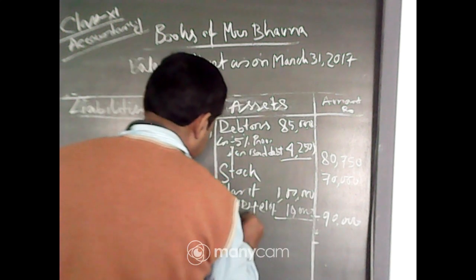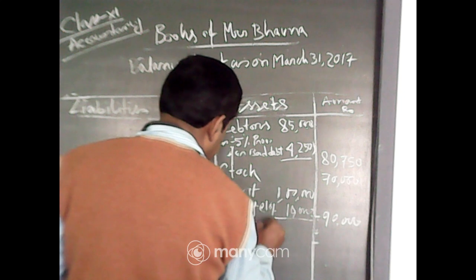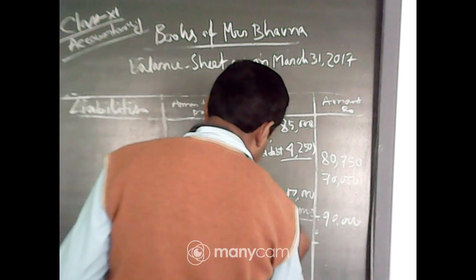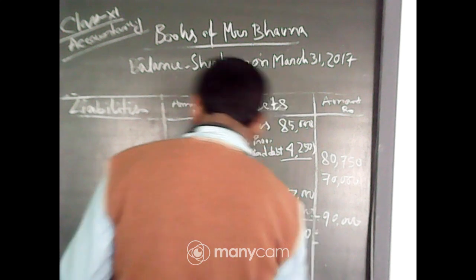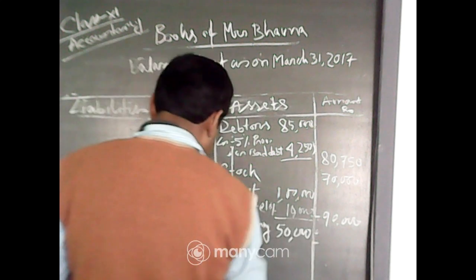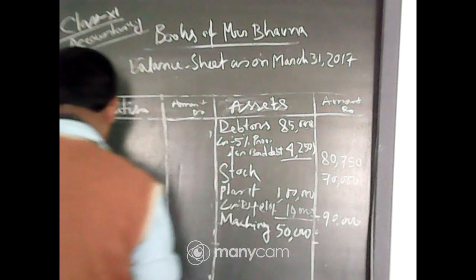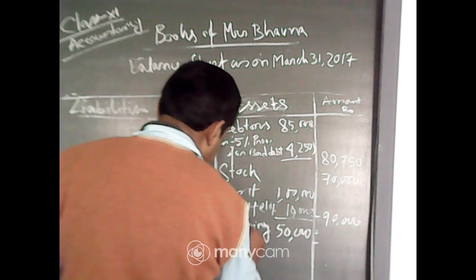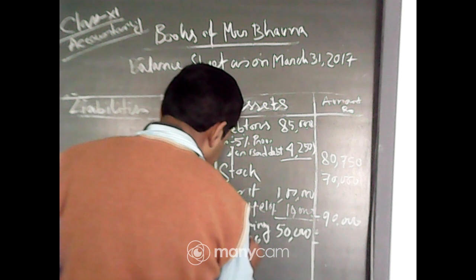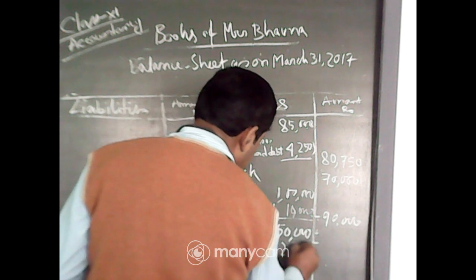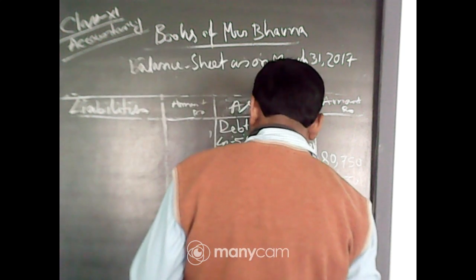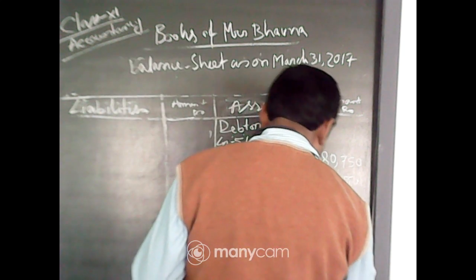In case of machinery there is also depreciation, so machinery closing balance is 50,000. Now depreciation is 5%, less depreciation at the rate of 5%, that is 2,500, and that will come out in the outer side, that is 47,500.